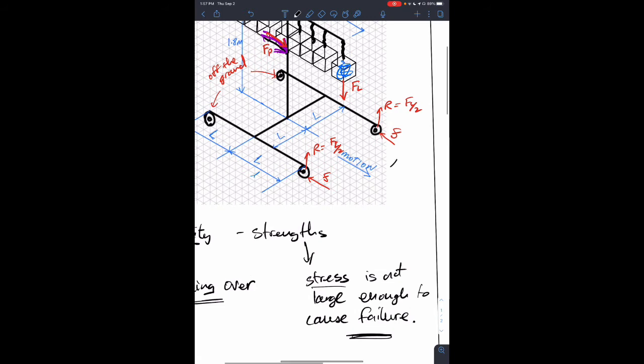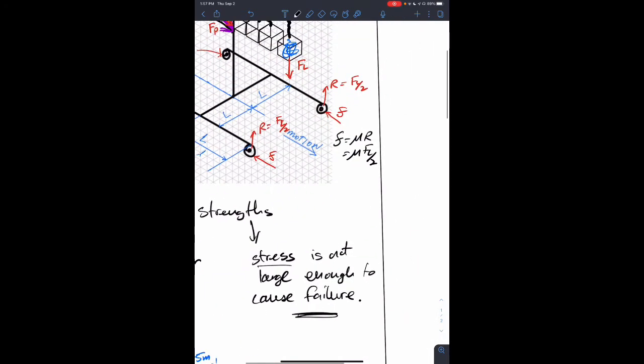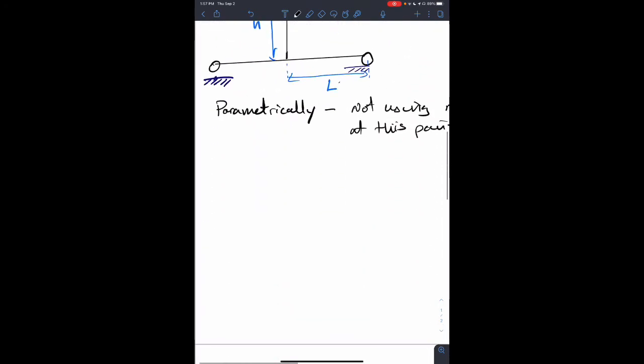So we could say here that the frictional force is mu by R, which is mu by FL on 2. We will come back to that over here.